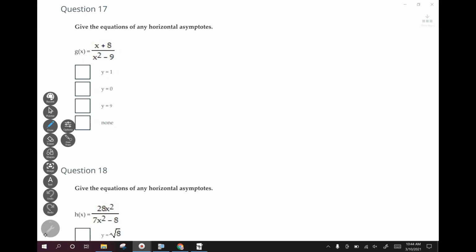Now to horizontal asymptotes. So there's 3 possibilities when it comes to horizontal asymptotes. First of all, if your degree is greater in the denominator, so when I say degree, I'm talking about the largest exponent. So let's say I have x cubed plus 5x minus 3 and x to the 4th minus 2x plus 1.